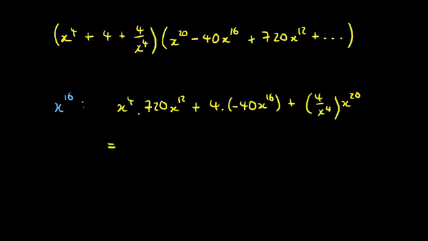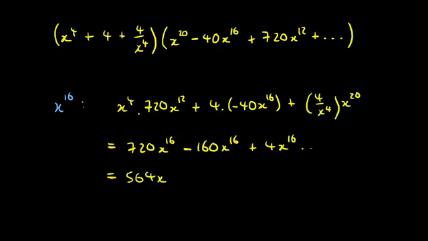And so if I expand that, I'm going to get 720 x to the power of 16 minus 160 x to the power of 16 plus 4 x to the power of 16. No other terms actually there. And so if I add that up, I'm going to have 720 minus 160, and I'm going to add 4. So what I get is 564. So I've got 564 x to the power of 16. And so the coefficient of x to the 16 is 564 there.